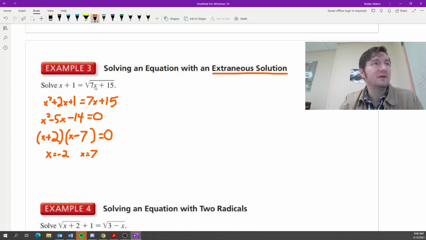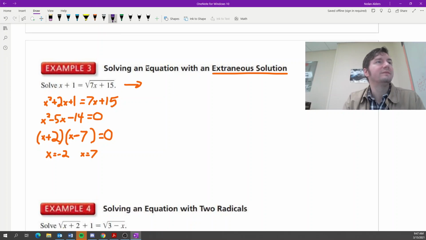So if we stick 7 into x, 7 times 7 is 49. 49 plus 15 is 64. So we'll have the square root of 64. Let's just expand this over here.